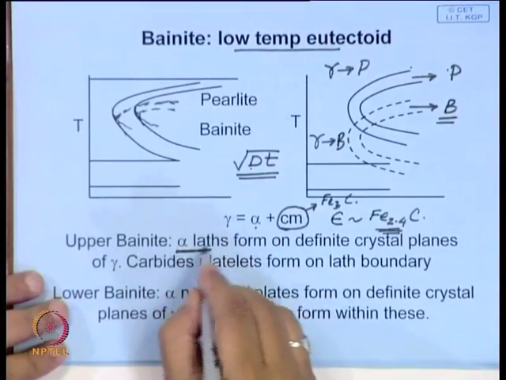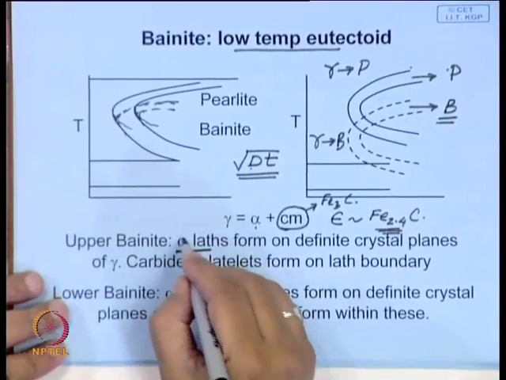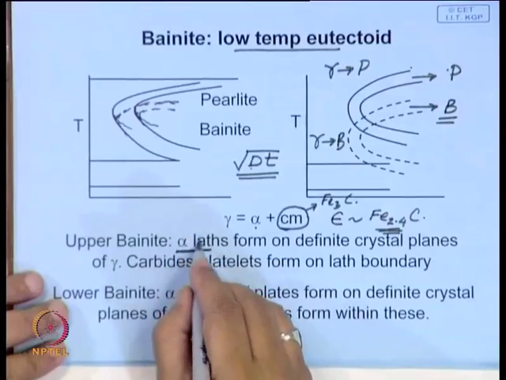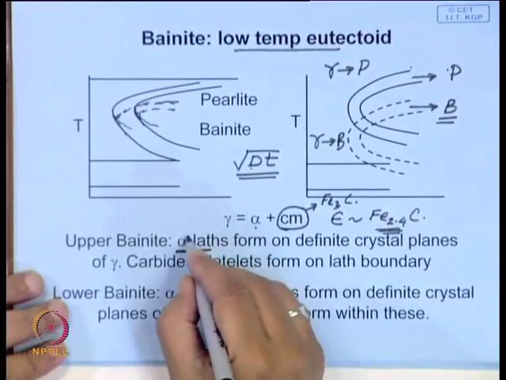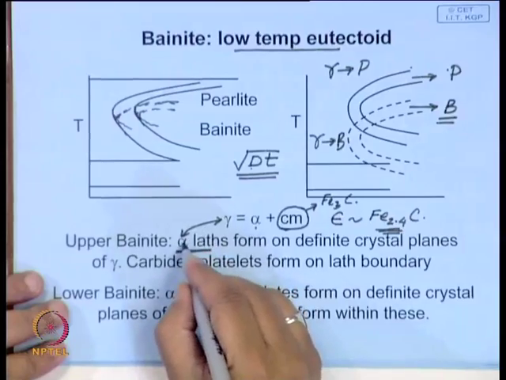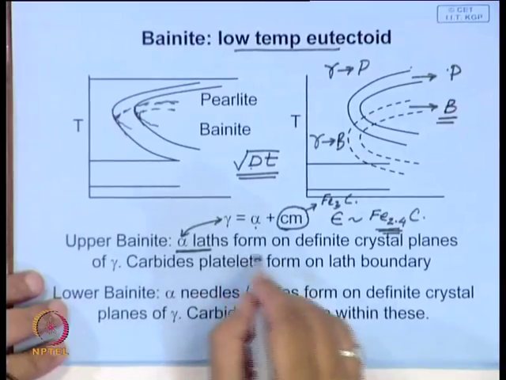These very fine grains or laths of ferrite maintain a definite crystallographic relationship with austenite. There is a definite crystallographic relationship between the alpha that precipitates out in gamma, and we will see this as we go on.